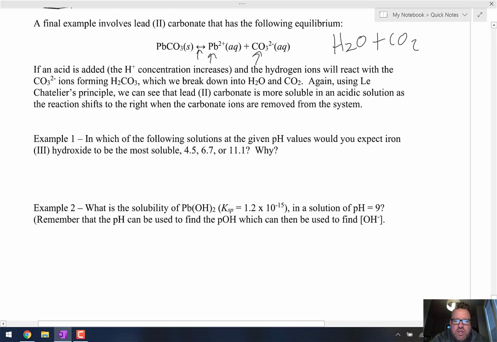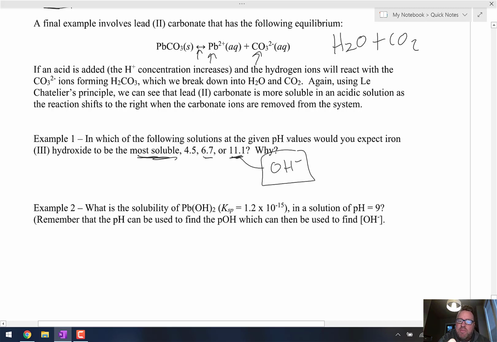In which of the following solutions at the given pH values would you expect iron 3 hydroxide to be the most soluble? Looking at our previous example, iron 3 hydroxide has Fe3+ and OH- on the product side. If we're trying to make it the most soluble we can, we want to remove some of the product from that solution so that the reaction will shift to the right to make more. At a pH of 6.7, that's pretty neutral, which means you're not going to see much of a change there. At a pH of 11.1, that's very basic, which means you've got a lot of hydroxide ions in there.